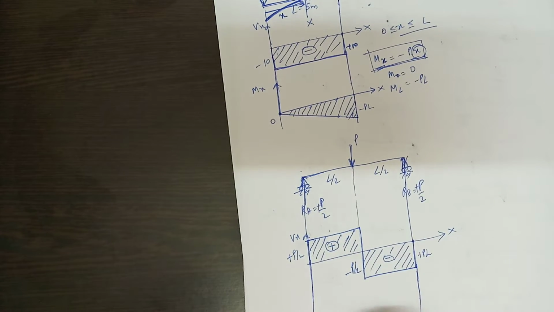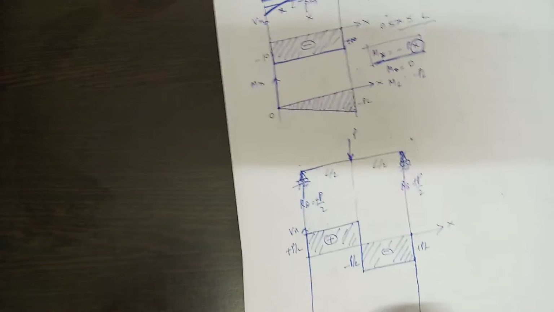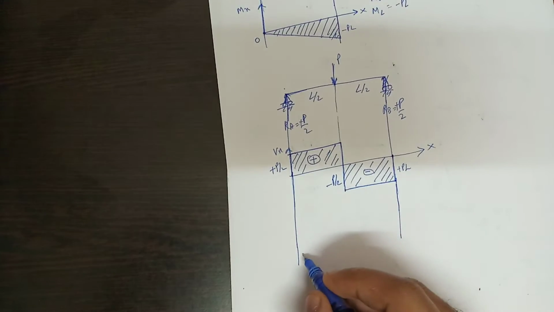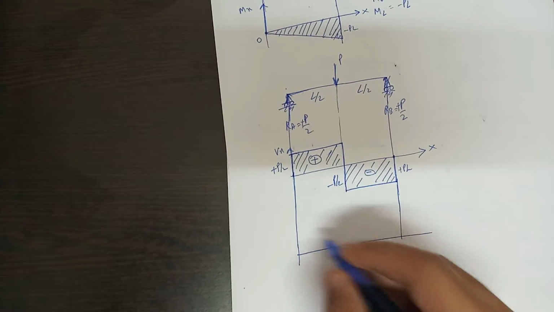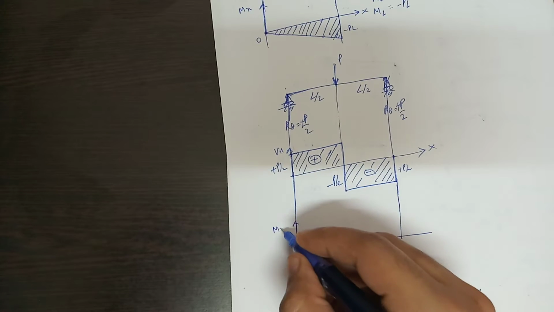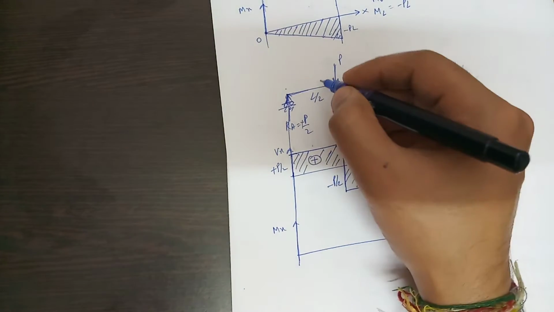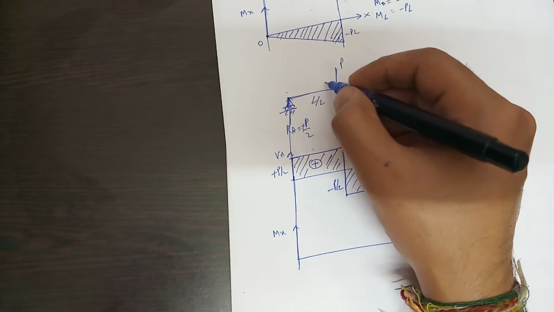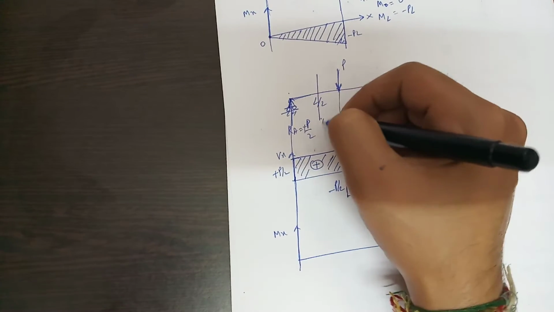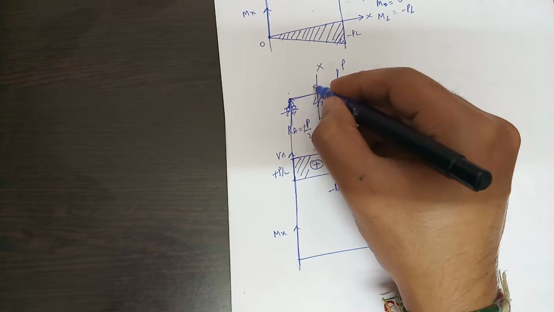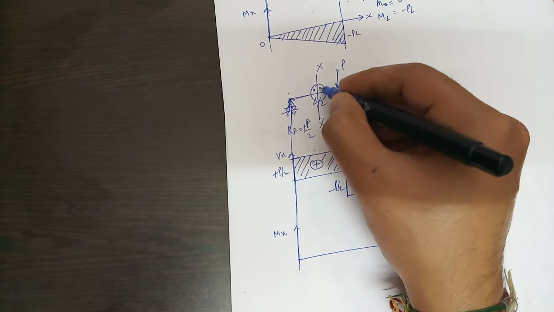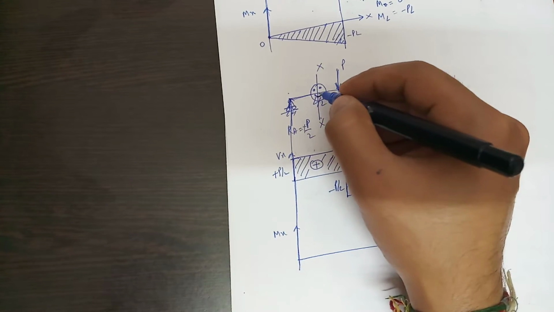Okay, now let us make the diagram for bending moment. Bending moment will be like this, Mx and x. Now in the same way we need to take a section xx. Let me make a smiley face, that means you are at this section.